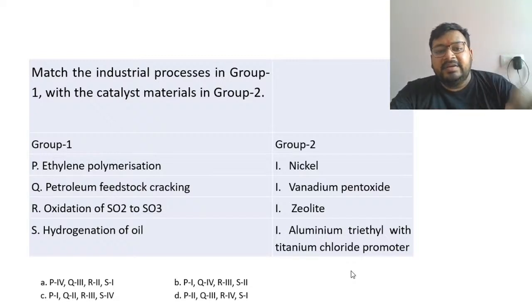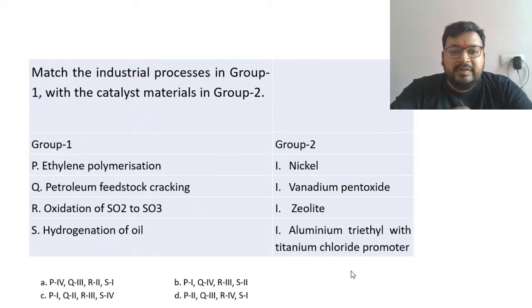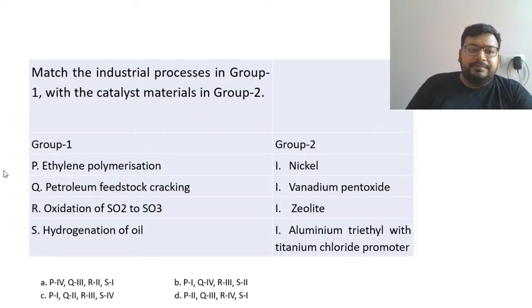Okay, guys, so match the industrial process in group 2 with the catalyst material in group 1. So ethylene polymerization, petroleum feedstock cracking. If I go for petroleum feedstock cracking, in the cracking process we use the zeolite ZSM5 in the FCC, guys.